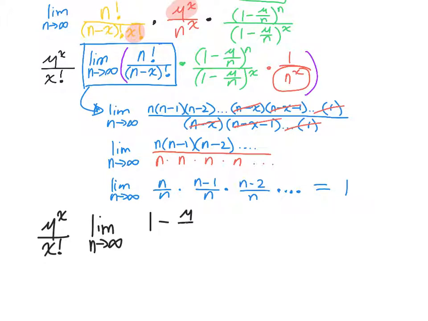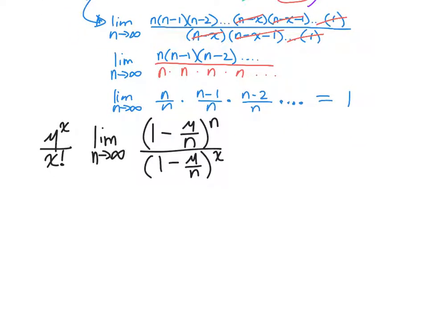So this is where we're at now. The limit of a quotient is the quotient of the limits. So I could take these two expressions and find the limits of them separately. So I'm just going to focus on those.